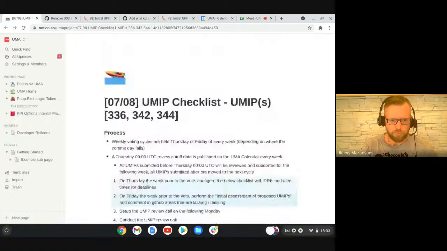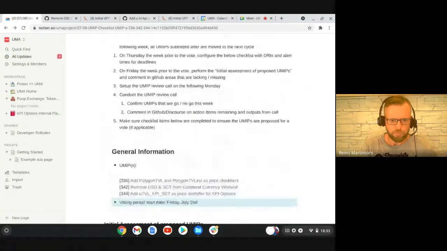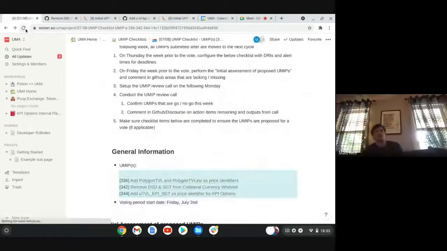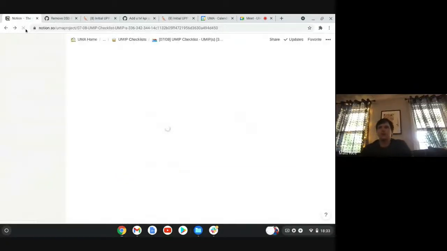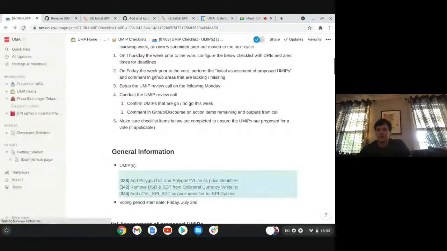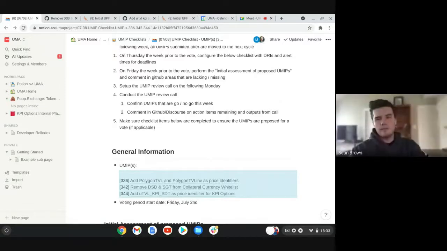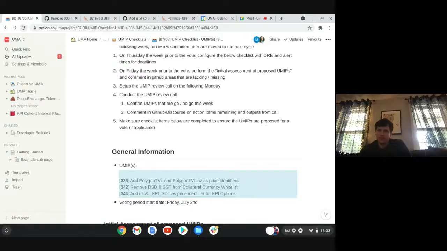One question about the price identifiers. I saw there was a DeFi Llama one on there. DeFi Llama, as far as I'm aware, is an aggregator. Is that correct? They're not producing the prices themselves. They're taking prices from exchanges, doing some math, and then giving you a price, right? Like CoinGecko. What is our policy on using those as price sources for UMIPs?